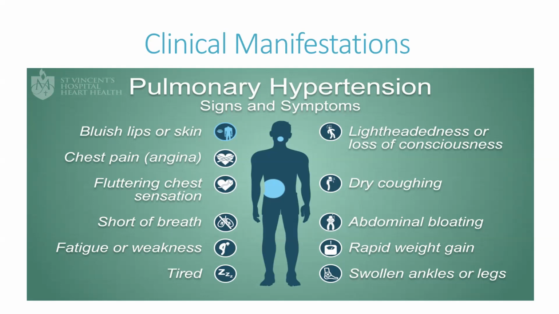And you will note that these folks have bluish lips or bluish colored skin. We used to call them the blue bloaters that would sit on the side of the bed, have to have their arms up on a bedside table and leaned over so they could pull enough air into their lungs to be able to breathe.